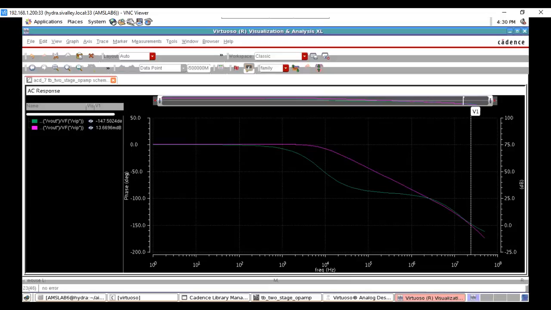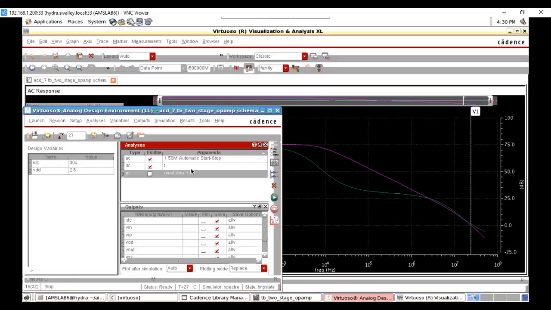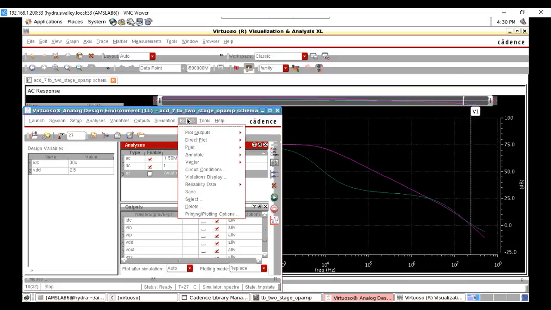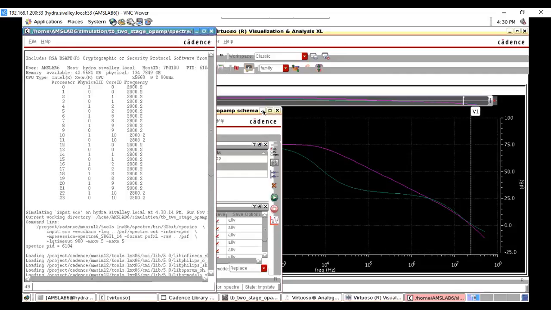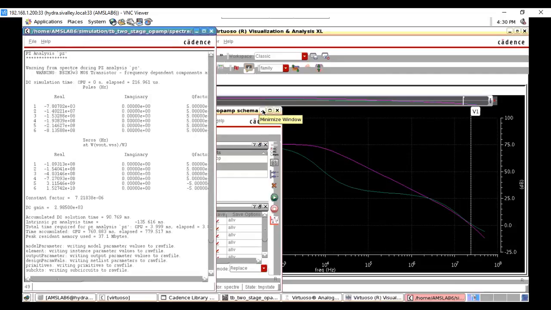Now let's look at the graph of this pole-zero analysis. The phase margin here is 180° minus 147. How much is it? 33.